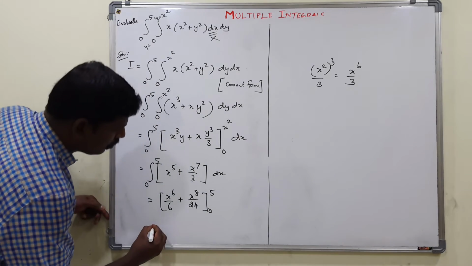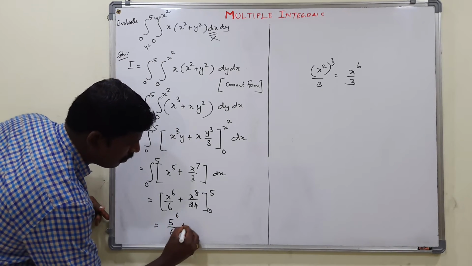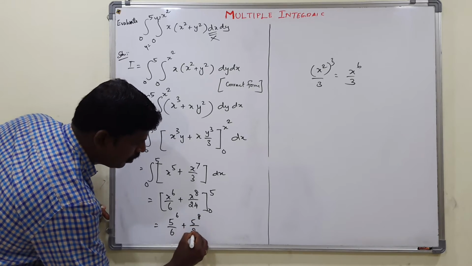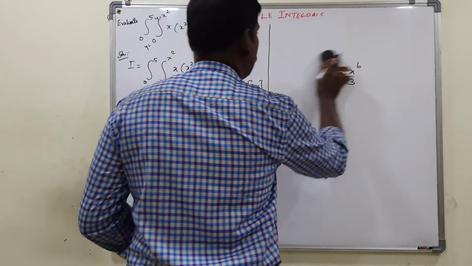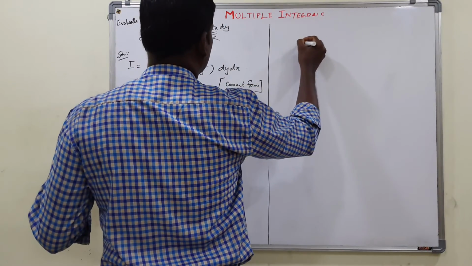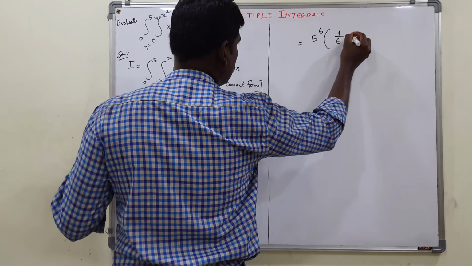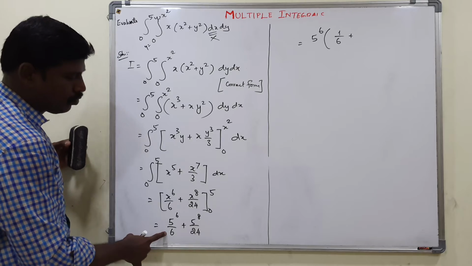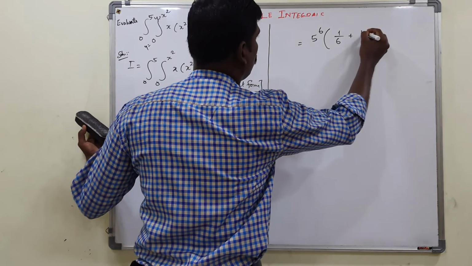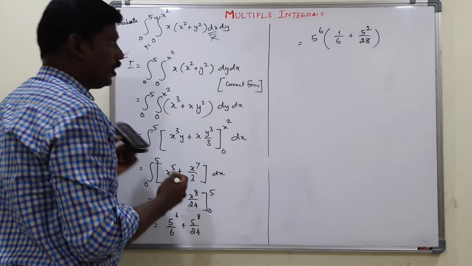So substitute the limit here, 5 power 6 by 6 plus 5 power 8 by 24. So we can take 5 power 6 as common. So what will we get? After taking 5 power 6 as common from both of the two terms, it becomes 1 by 6 plus 5 power 2 by 24.